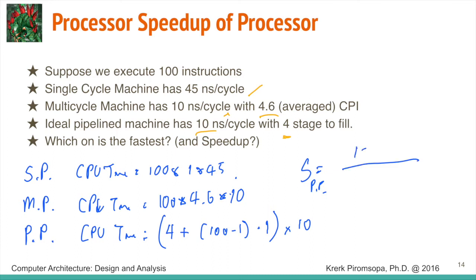So you would get 100 times 1 times 45 divided by 4 plus 99 times 1 times 10. All right, so you would get 45,000 divided by 1030. So you see that it's obviously faster.